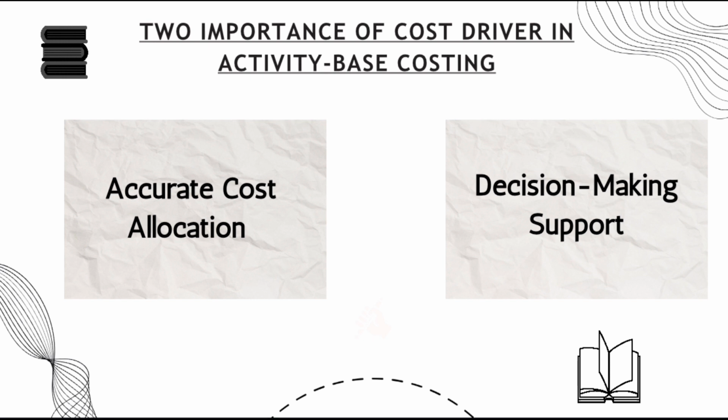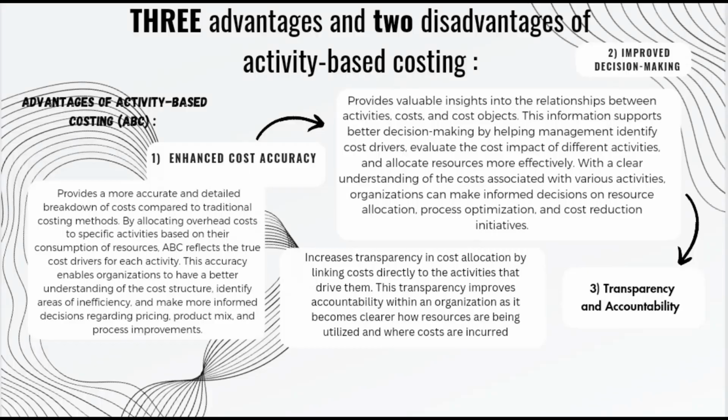In summary, cost drivers are important in activity-based costing because they enable accurate cost allocation to activities and provide valuable insight for decision-making. By focusing on the factors that drive resource consumption, activity-based costing enhances cost accuracy and supports strategic decision-making in organizations.